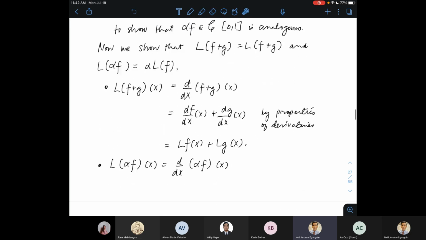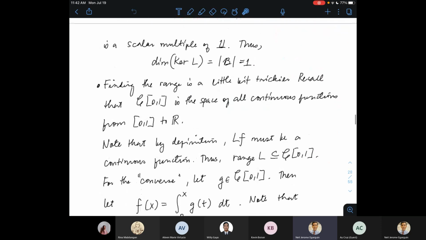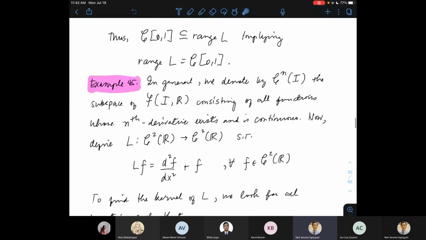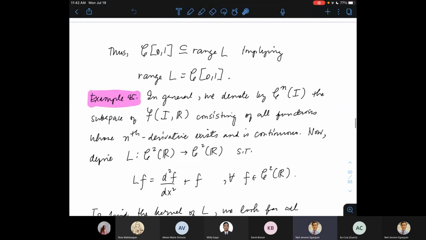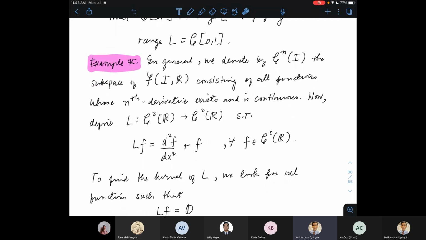Okay. Now let's move on and see the salient points of this module. What we're trying to do in this example is to find the kernel and the range of the linear transformations. For the kernel, it's quite easy because the kernel is the set of all elements of the domain that is mapped to the 0 vector in the codomain.